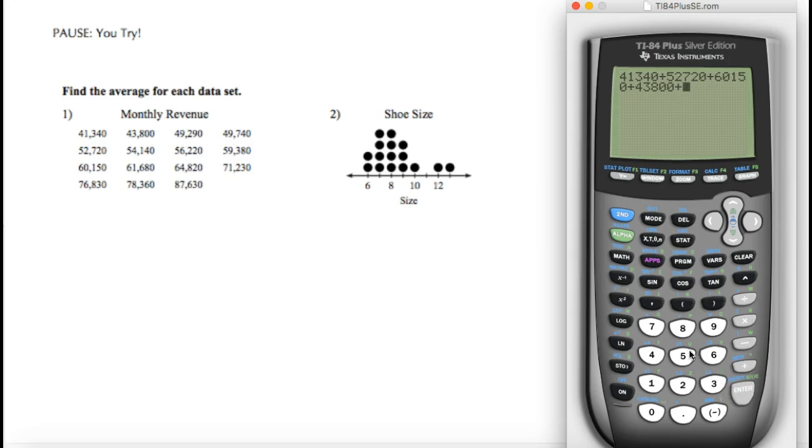Plus 54,140 plus 61,180 plus 78,360, 49,290, $9,380, and last but not least, everybody, hang in there.